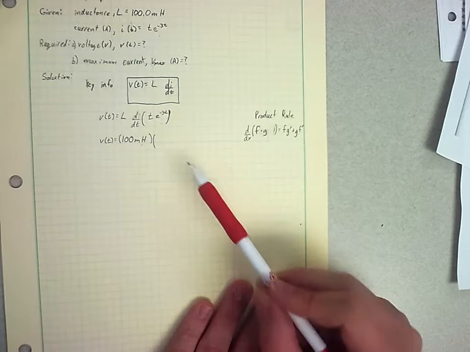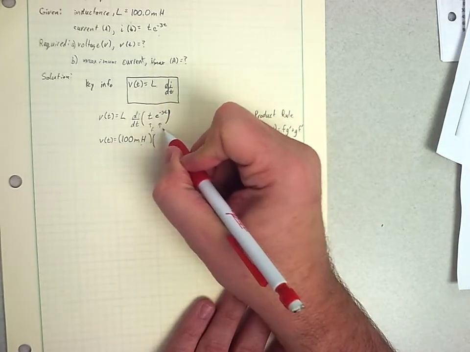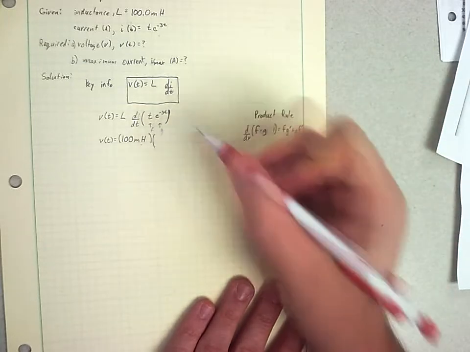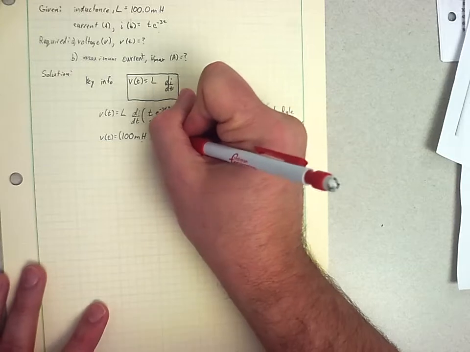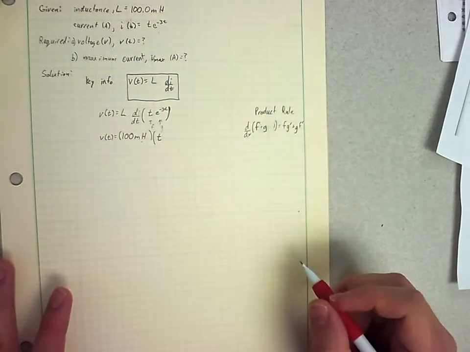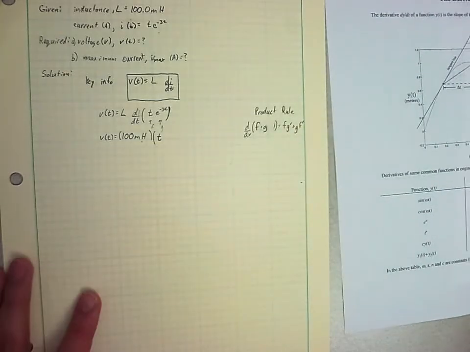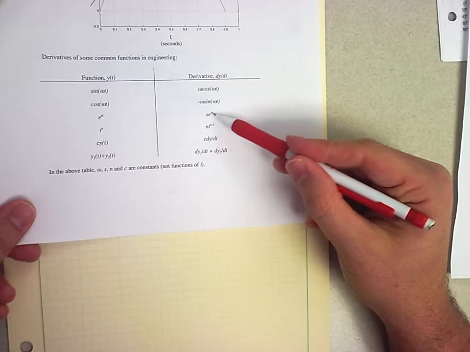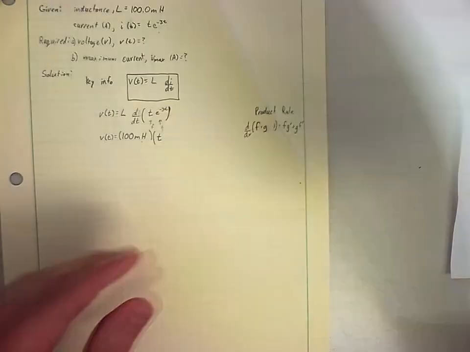So for our two functions, if we let that be f and that be g, the first is t, and then the derivative of the second. If we don't remember how to take the derivative of e to the something power, we just bring the coefficient of t down front and the exponent stays the same.